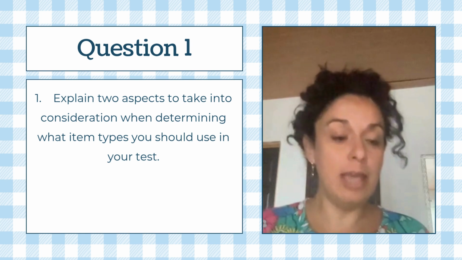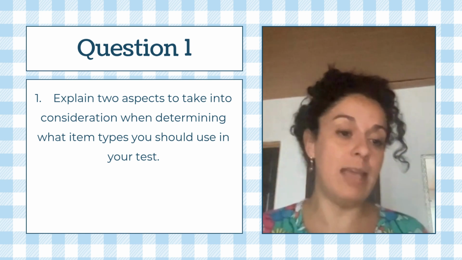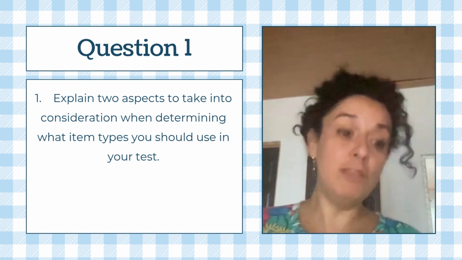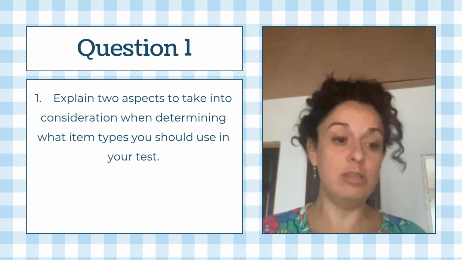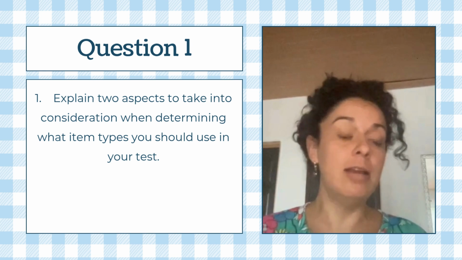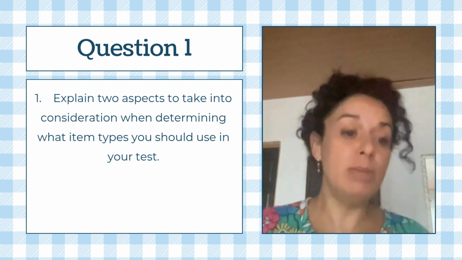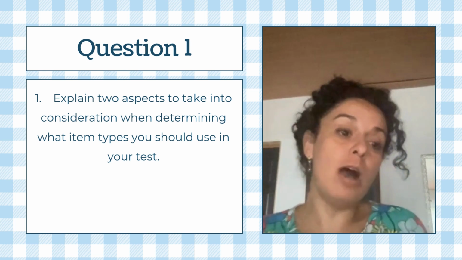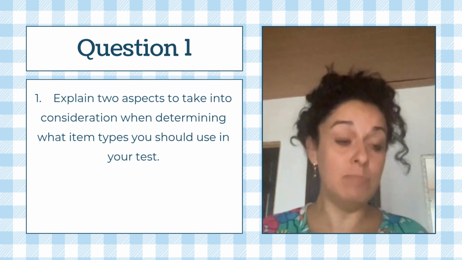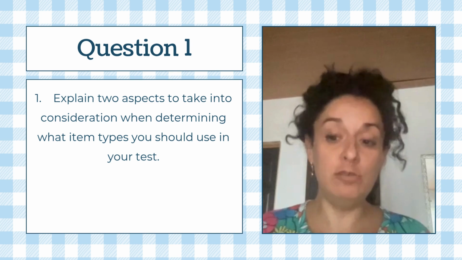They should not have surprises during the test, because this can confuse them even though they know the topic very well. They could be familiarized with the topic, but if they don't know how to do the type of item, they could get confused.